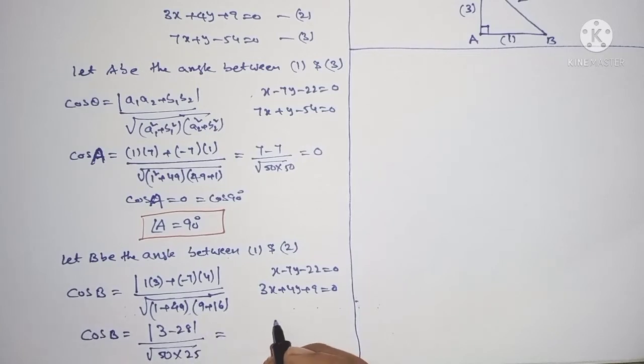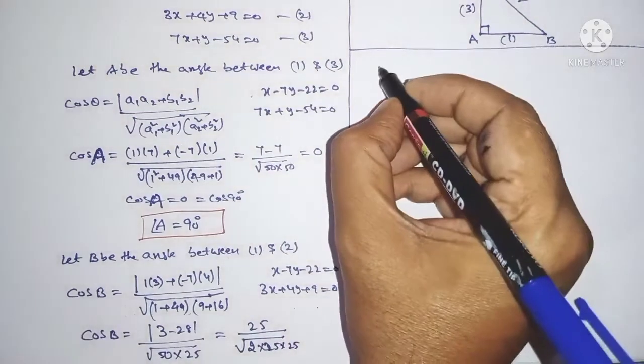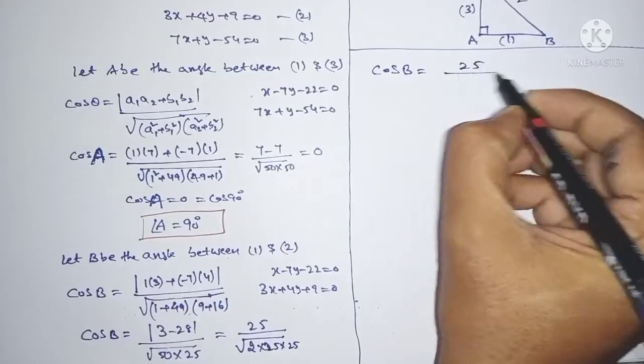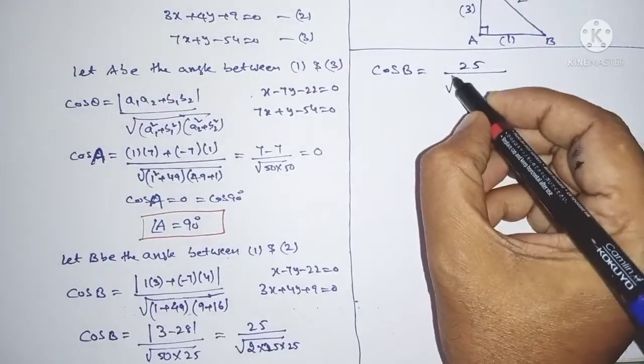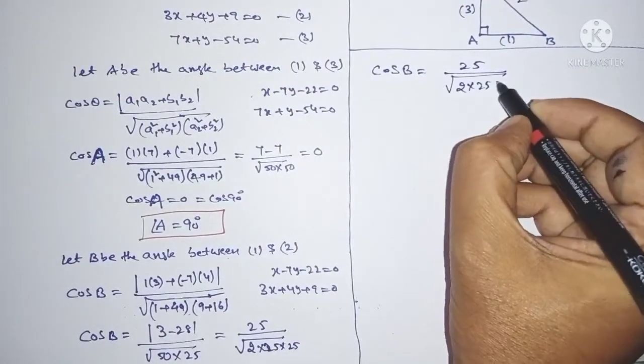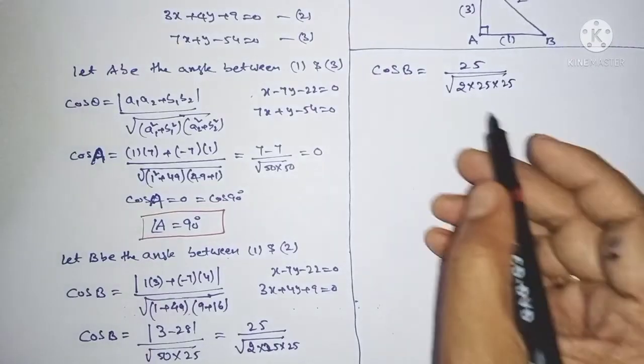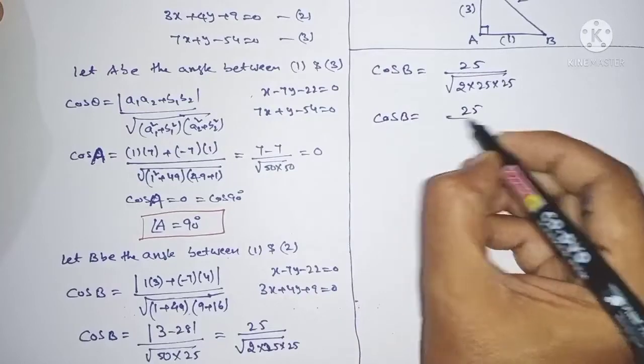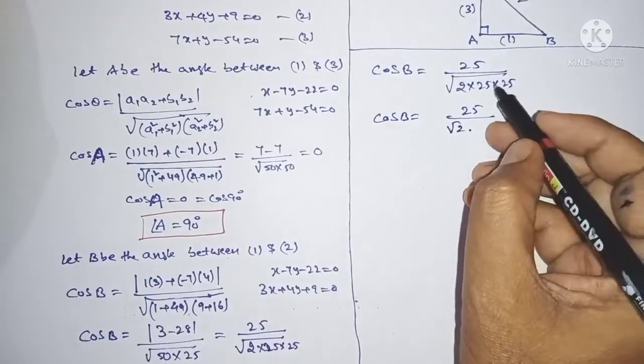Therefore you got here 25 by, this can be written as 2 into 25 into 25. Cos B is equal to how much? Cos B is equal to 25 by root of 2 into 25 into 25.